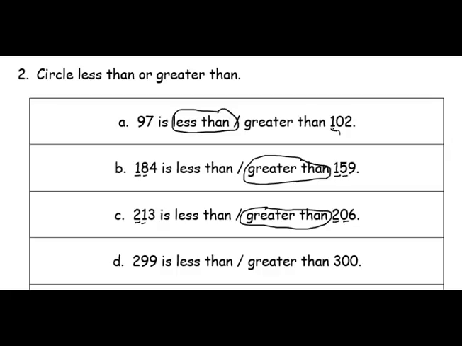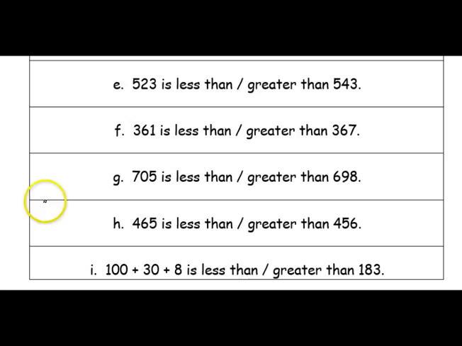In problem D, I have 299 and I'm comparing it to 300. 299 has 2 groups of 100, while 300 has 3 groups of 100. It doesn't matter that I have 9 10s and 9 1s here. My first number is still less than 300. And here are a few more comparisons.